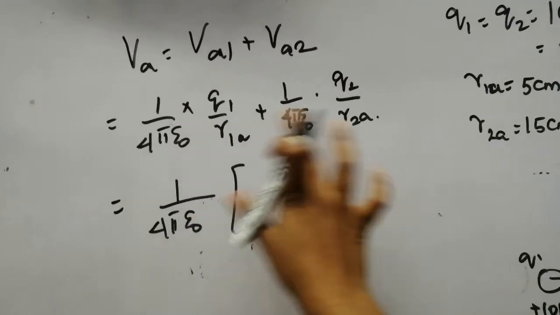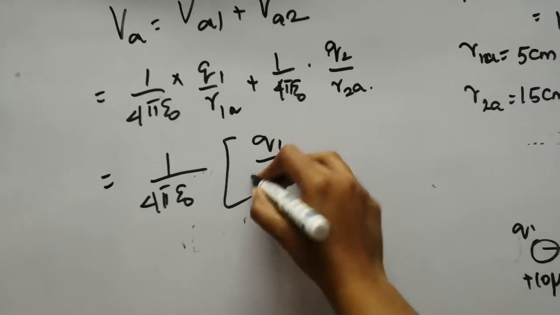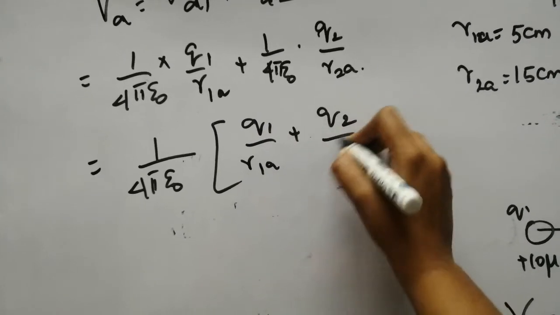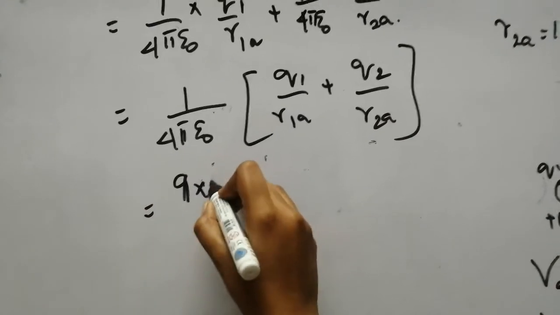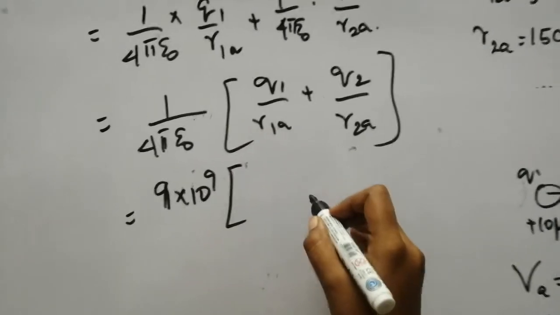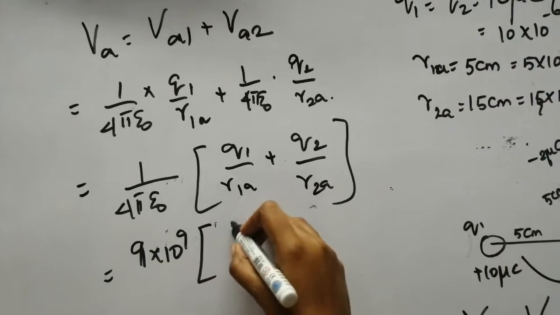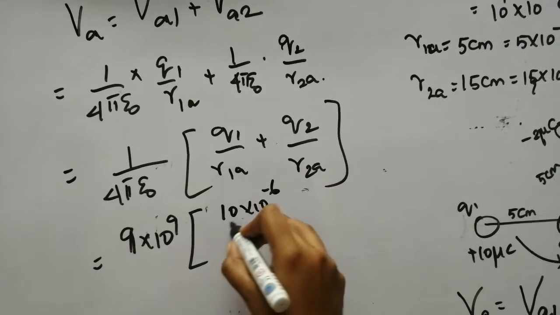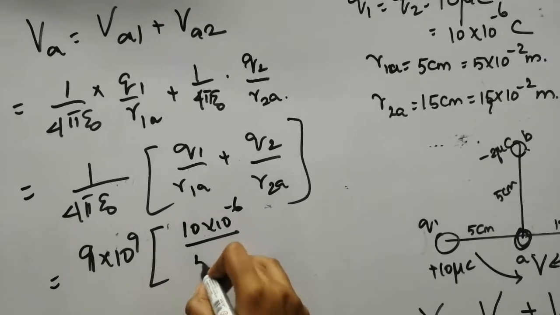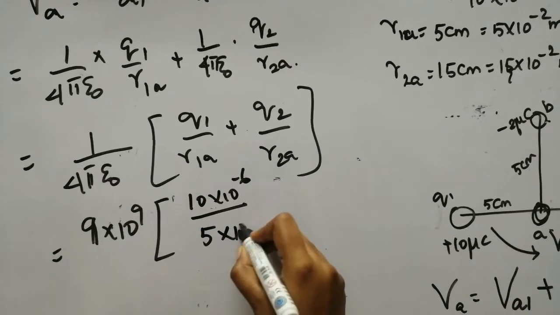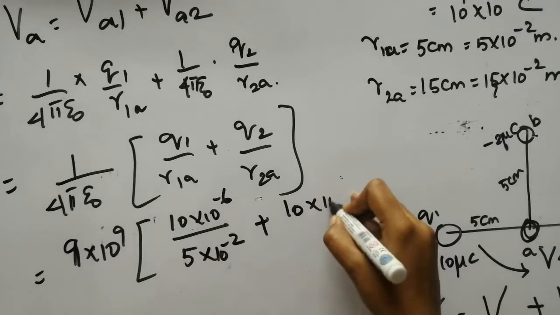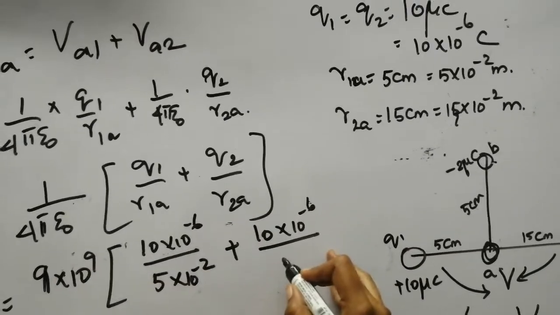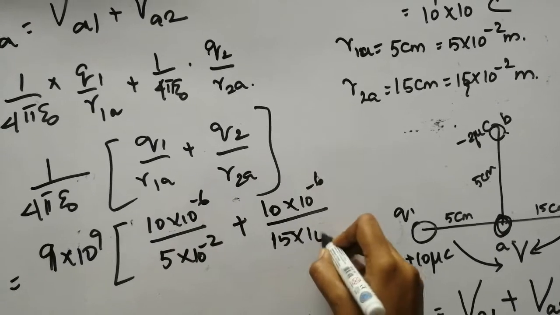So substitute all the values here. I've taken 1 by 4 pi epsilon naught outside, so it is Q1 by R1A plus Q2 by R2A. Substituting the values: 9 into 10 to the power 9, for Q1, 10 into 10 to the power minus 6 divided by R1A, which is 5 into 10 to the power minus 2, plus Q2, again 10 into 10 to the power minus 6 divided by R2A, which is 15 into 10 to the power minus 2.